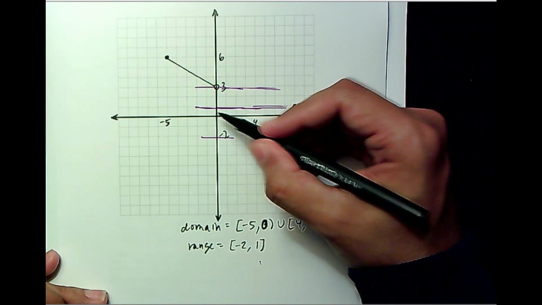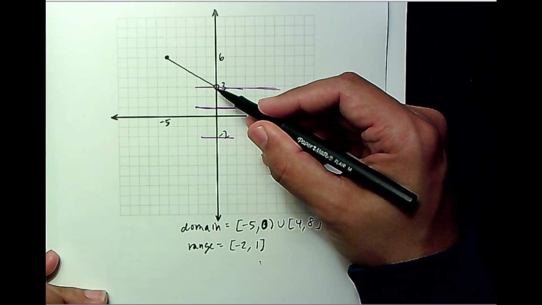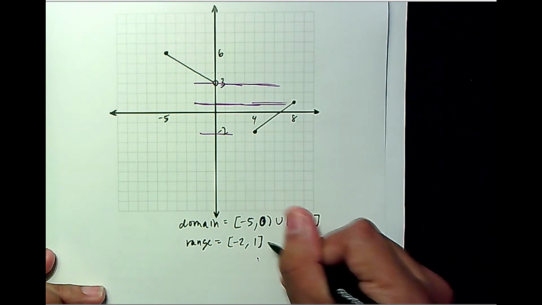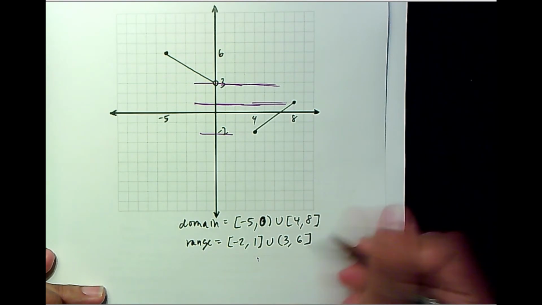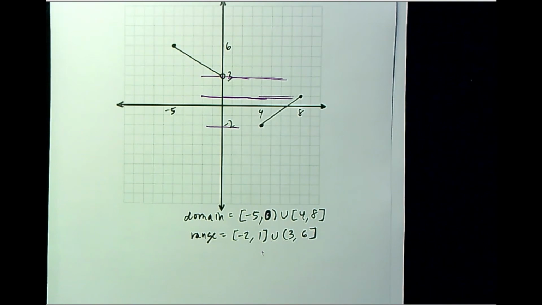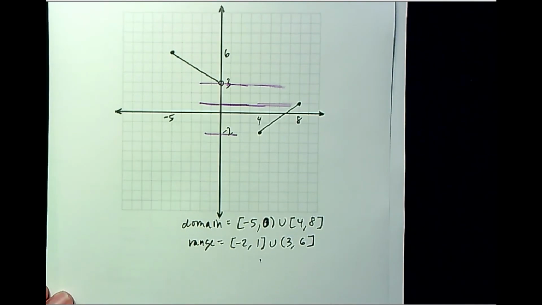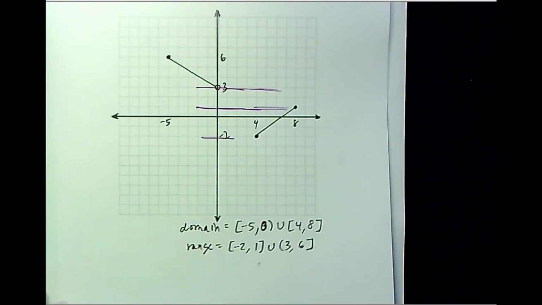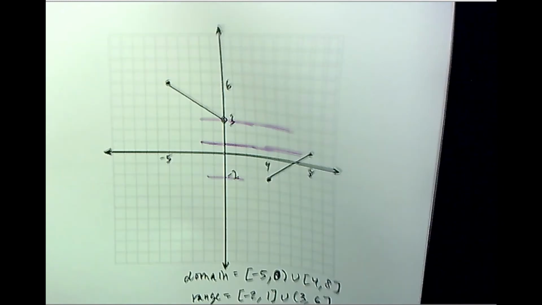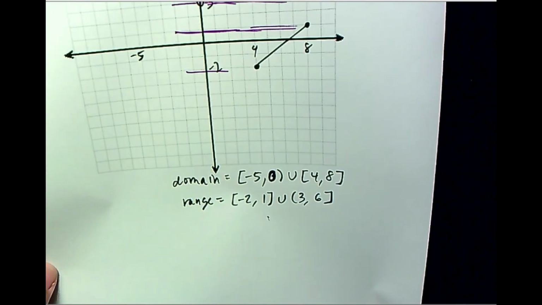And then we leave this out and we go from 3 to 6. Union from 3 is not included, to 6. Okay, and that is the range of that one. So there are some examples like this on the actual homework where there are gaps. Okay, so you're going to have some answers that look like that, that are unions.